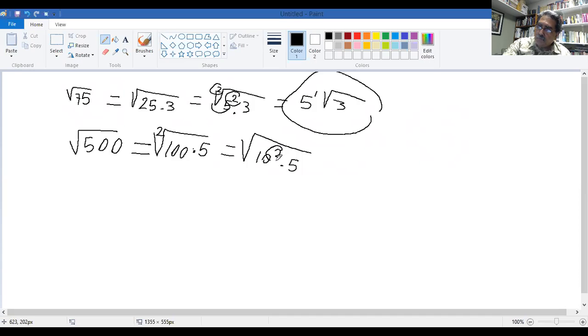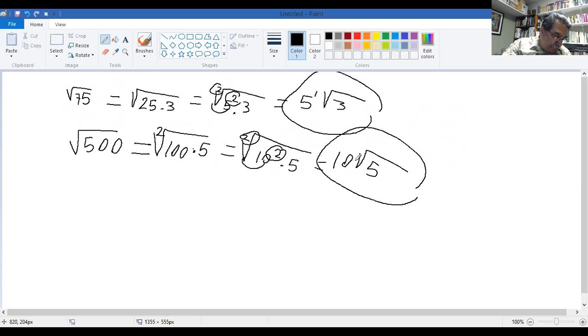Again, this 2 gets divided by this 2, becomes 1, and 10 comes out of the radical. It will become 10 square root of 5. This is your answer. Can't do anything with 5 because that's a prime number.